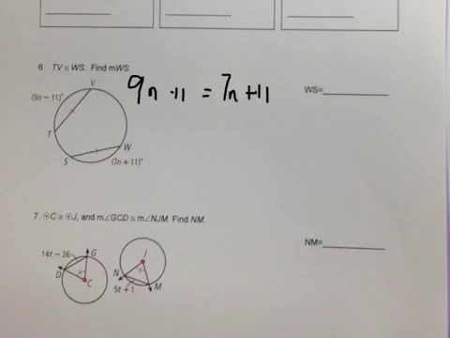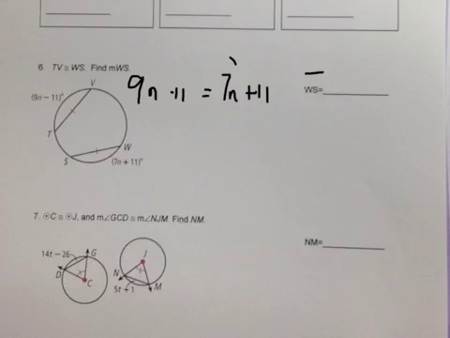So I have to solve for n, and then I'm going to have to plug it back in to get the actual chord length of WS. This is a chord, so if you have a symbol over it, it would look like that. We might just talk about the length of WS and not write a symbol over it, but if you wanted to, it would just be that little line over the segment.